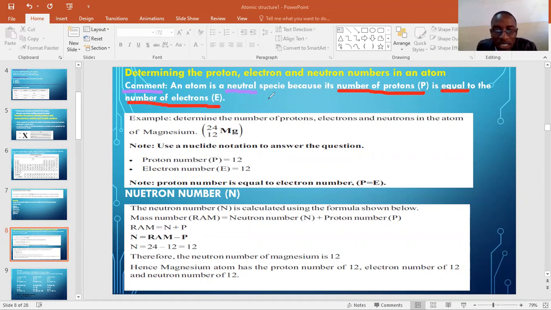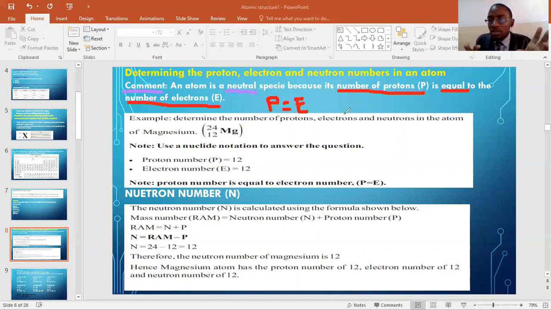So in short, I say the P is equal to the E. So the proton numbers are always equal to the electron numbers in an atom. So when you find that the proton number of oxygen is 8, even its electron number should be 8. So the P and the E are always equal where? In an atom. And that is why an atom is neutral.